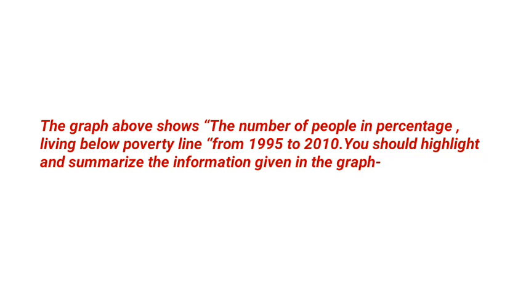So the above graph shows the percentage of people living below the poverty line from 1995 to 2010. So you should highlight and summarize the information given in the graph.